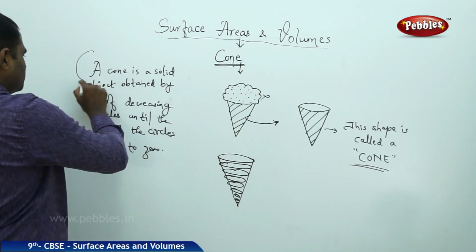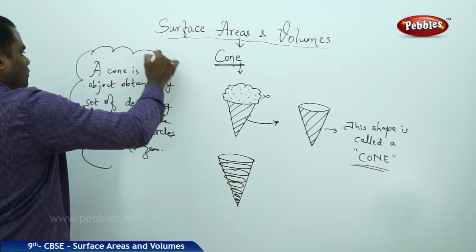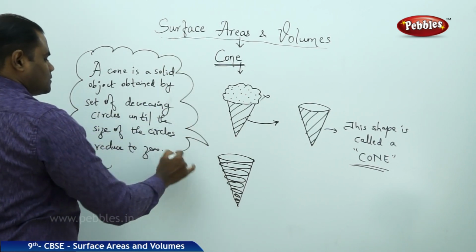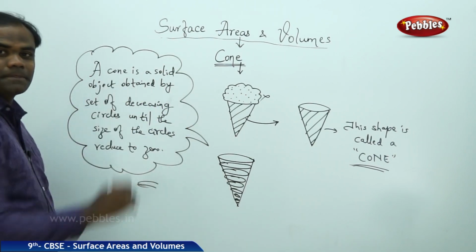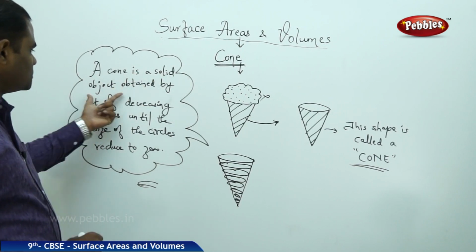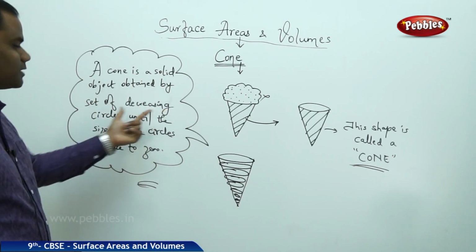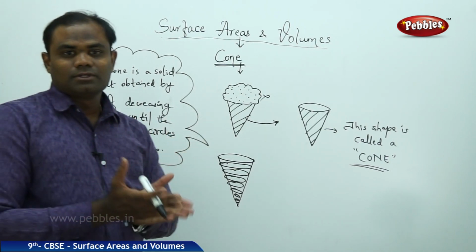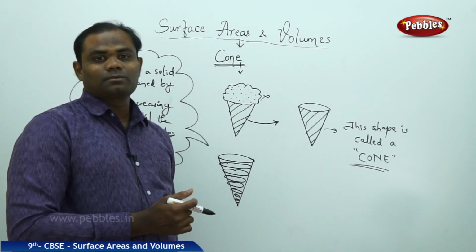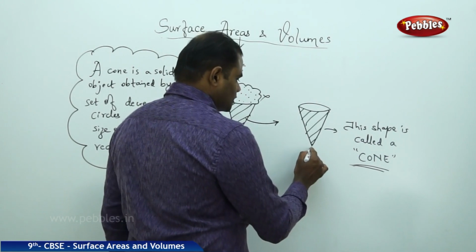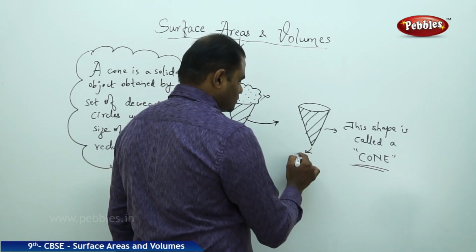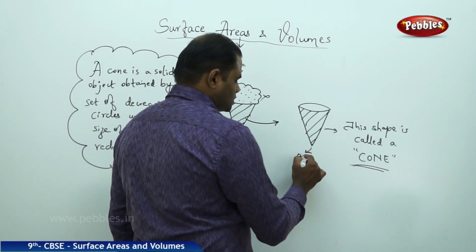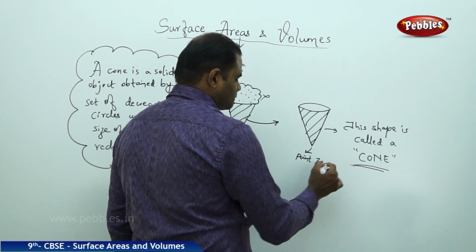This is how we define a cone in the mathematical sense. A cone is a solid object obtained by a set of decreasing circles until the size of the circles reduces to the point which is the 0. At this point, we call it point 0.